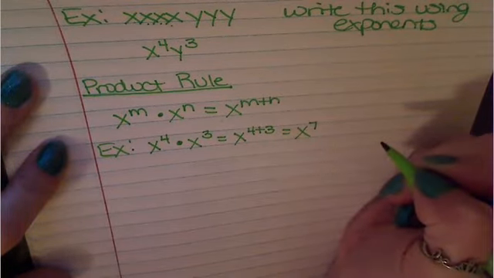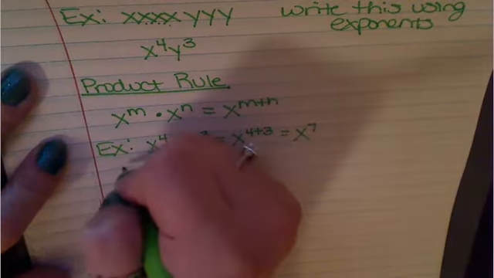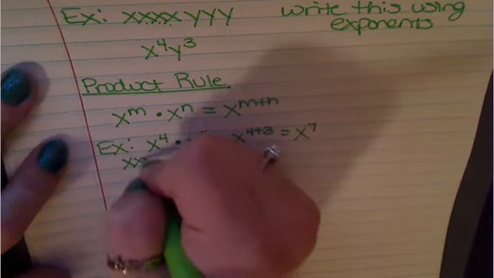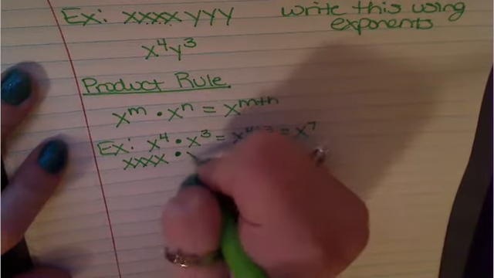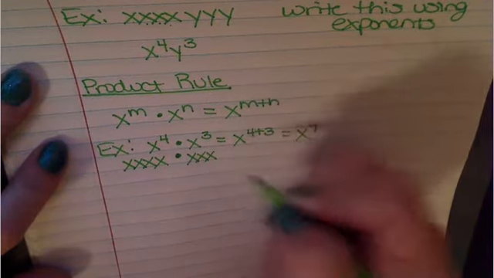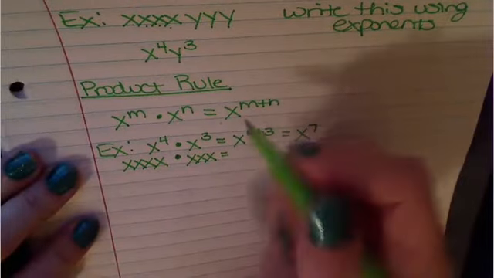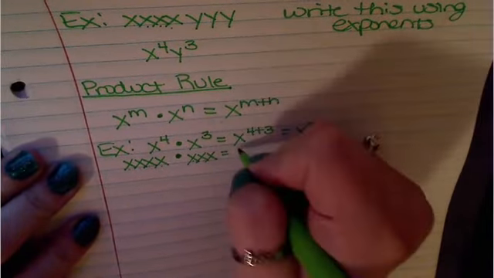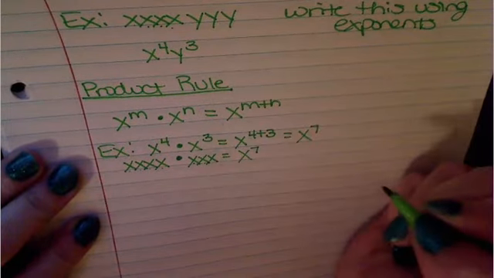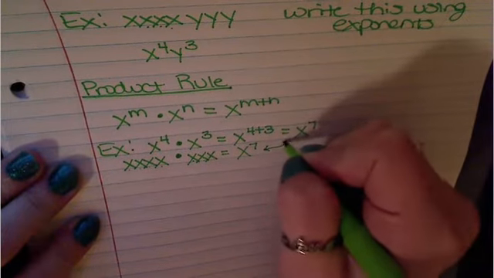The reason for that is if you think about x to the fourth, that's x times x times x times x, and then you're multiplying that by x to the third, which is x times x times x. If you count that up, you're going 1, 2, 3, 4, 5, 6, 7, which is x to the seventh, the same answer as the one we just got.